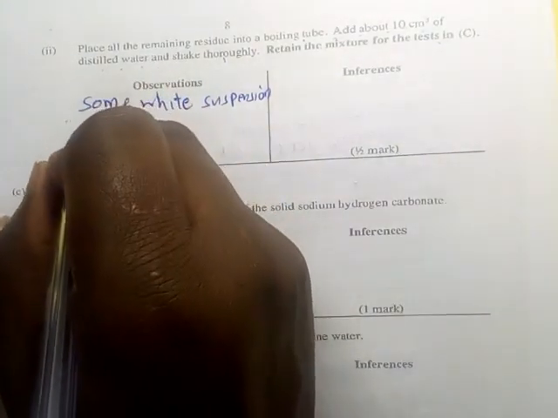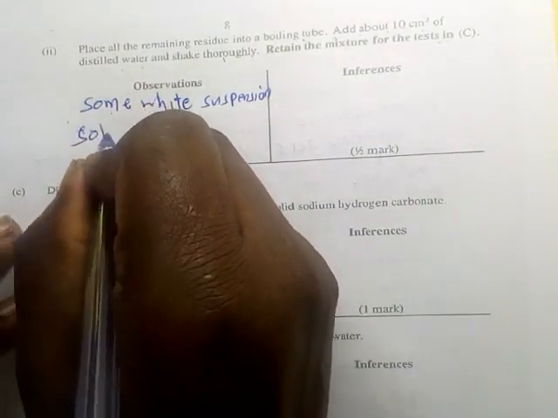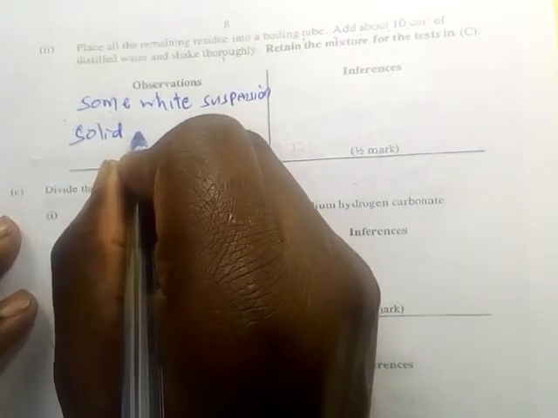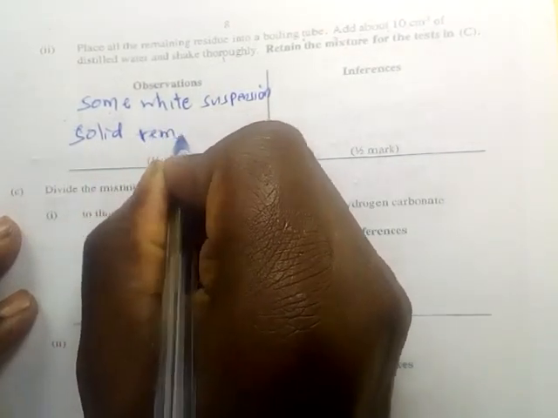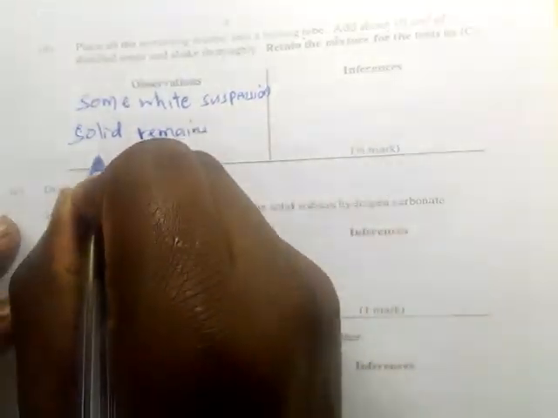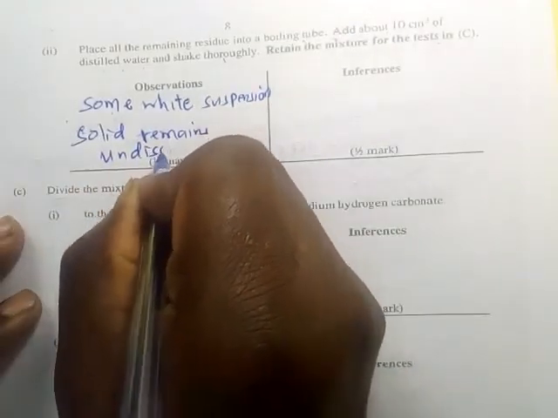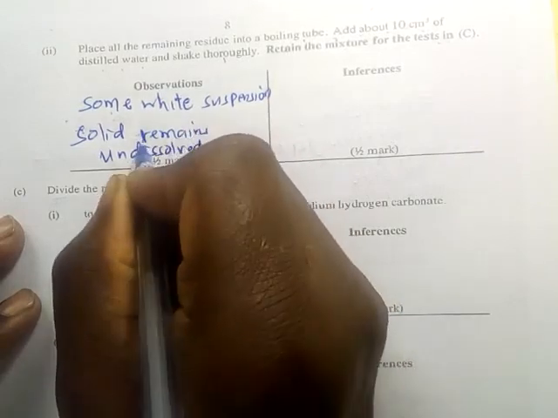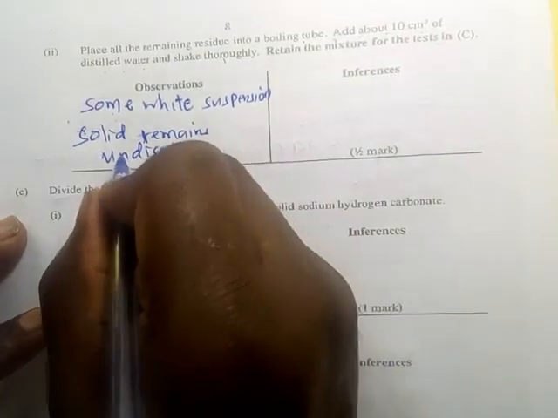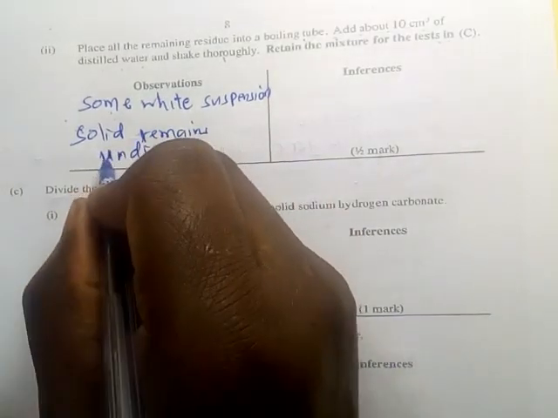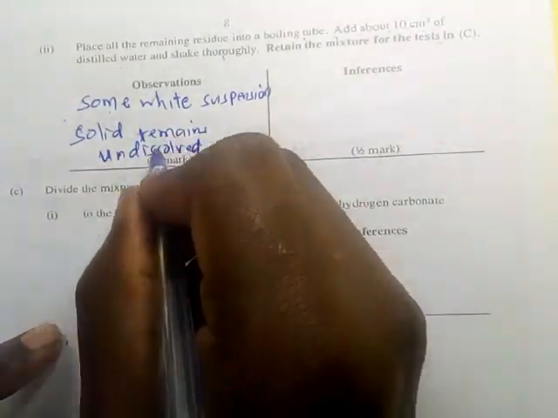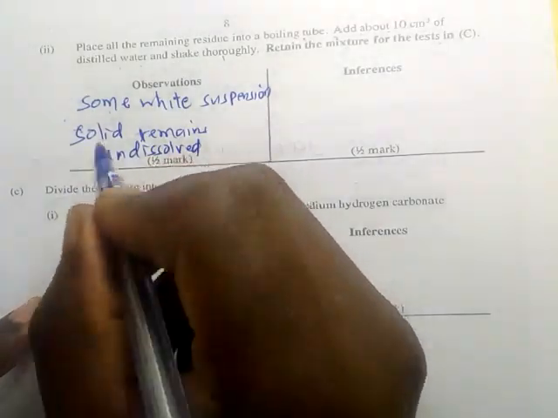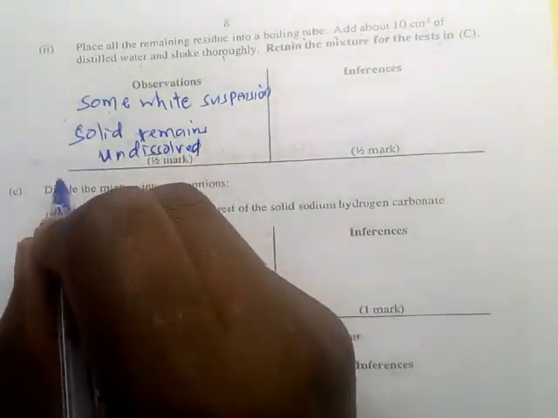Or the solid did not dissolve, remains undissolved. Remember, for a solid to be called soluble in water, it must form a colorless solution. But if it forms some white suspension, then it means it is not completely soluble in water.